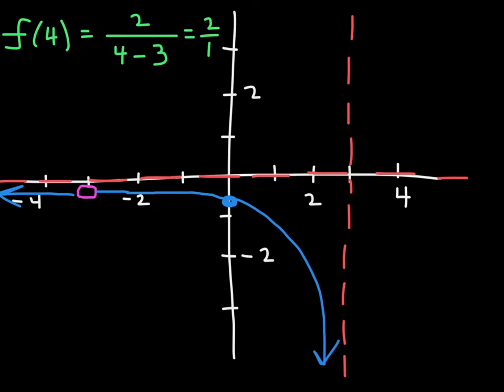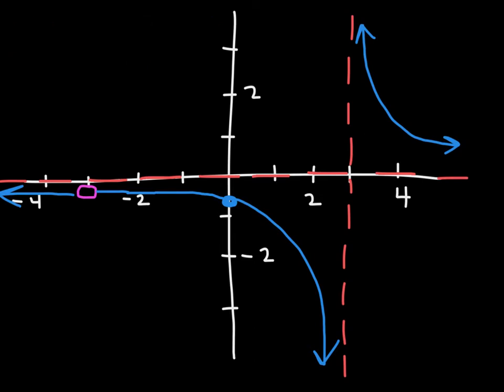I plugged in the number 4, and I get 2 over 4 minus 3, which is just 2 over 1, which at the end of the day is positive. So that tells me that the graph over here must be above the x-axis. All right, so there's the other branch. All right, everybody, this is the final picture, the final graph for our function. That was a lot of fun.